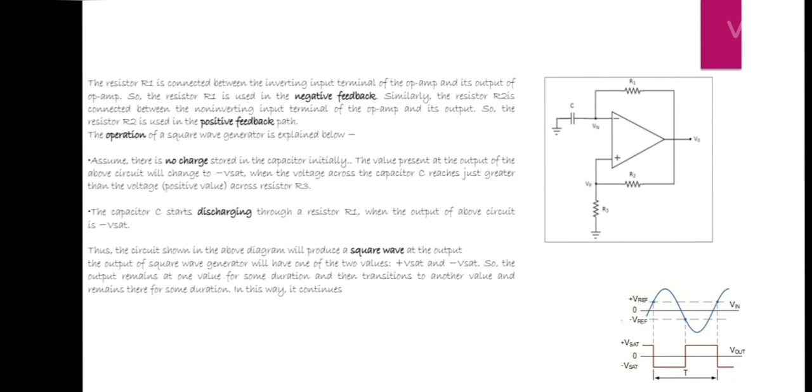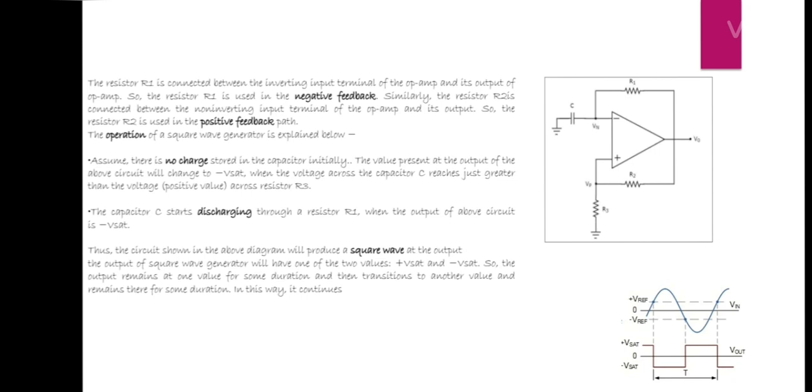The capacitor C starts discharging through resistor R1 when the output of the circuit is the negative voltage at saturation. The value present at the output of the circuit will change to the positive voltage at saturation when the voltage across capacitor C reaches just less than, that is more negative than, the negative voltage across resistor R3.